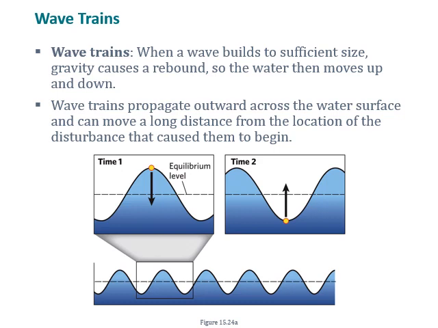So wave trains propagate outwards across the water surface and can move long distances from the location of the disturbance that caused them to begin. This can be, for example, earthquakes or volcanic eruptions underwater that can create wave trains.